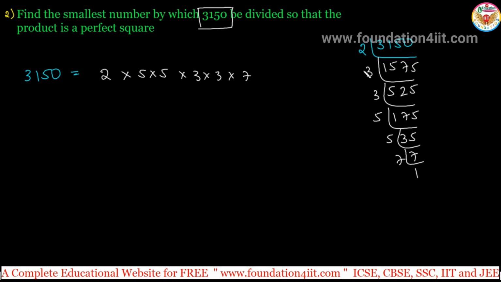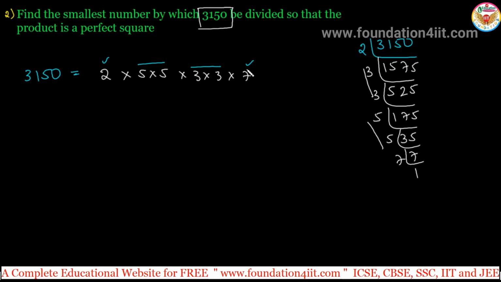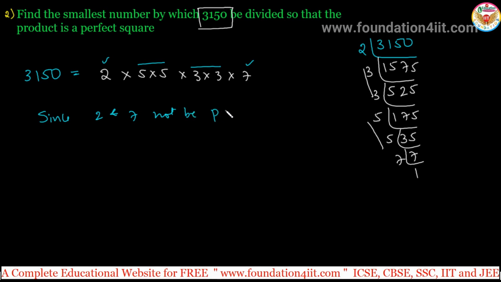Here, 3 appears 2 times, 5 appears 2 times, and 2 and 7 appear once each. So this is one pair, this is one pair, and 2 and 7 are not paired. Since the prime factors 2 and 7 cannot be paired, these should be removed.